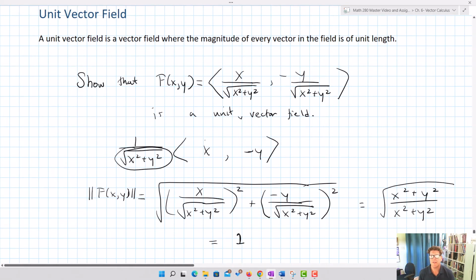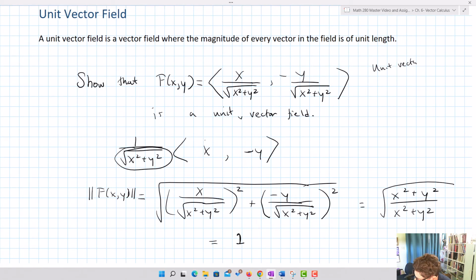Cool things about unit vector fields: unit vector fields show only direction. So if what we're concerned with is only the direction of the field and we want to really understand it, then we want to use a unit vector field, because they only display direction since they all have the same length.